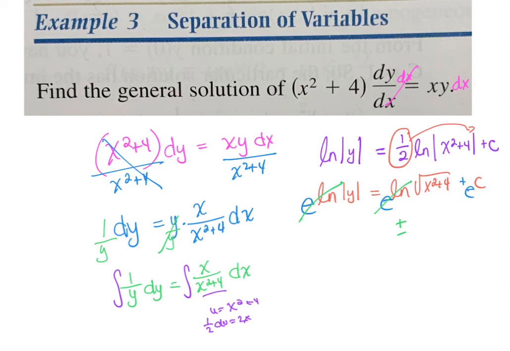Plus or minus, we need to consider the plus or minus over here of the square root of x squared plus 4, right? And we need to consider the e to the c, which is what they have there. All right. And that will get my y by itself. And they condensed actually further, but you don't have to. It's fine.